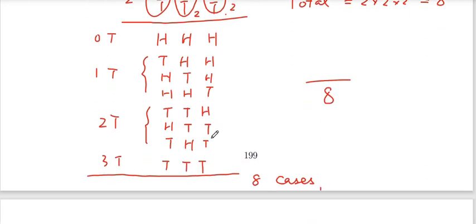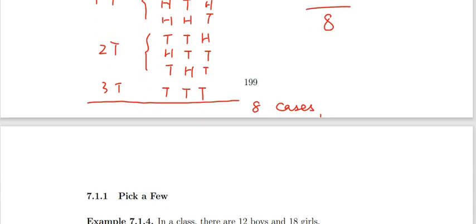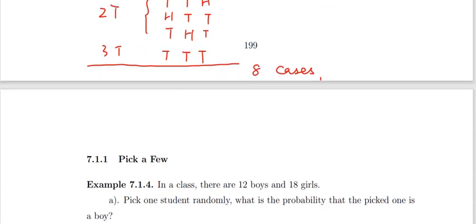So we say we have these 3 cases. So this probability equal 3 over 8. Okay, right?